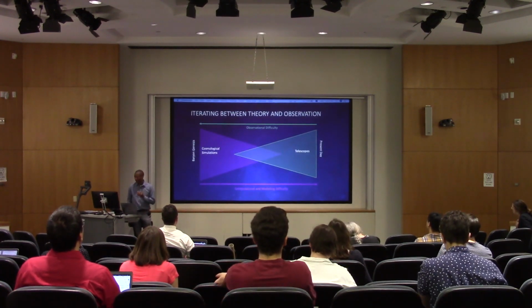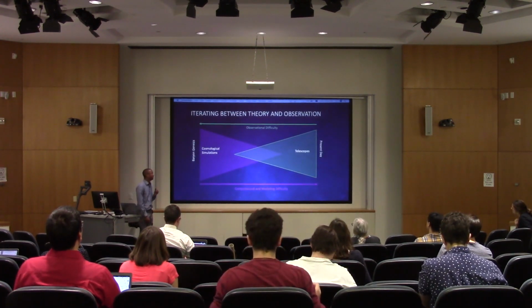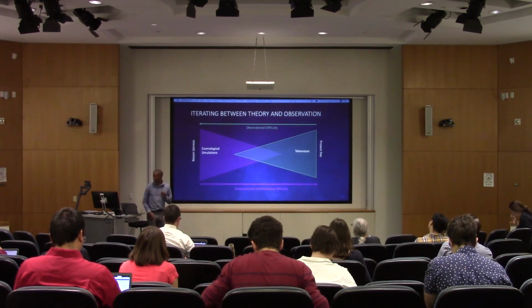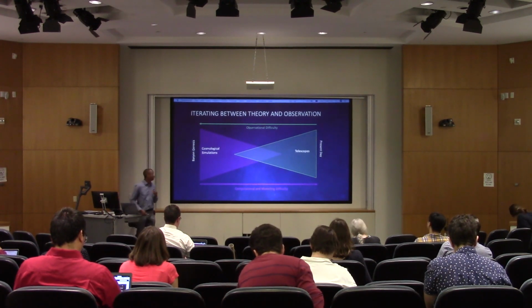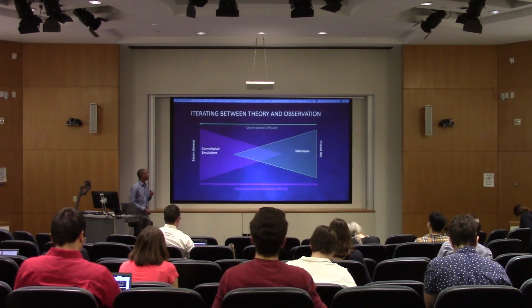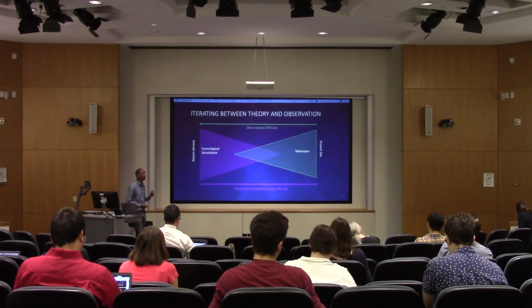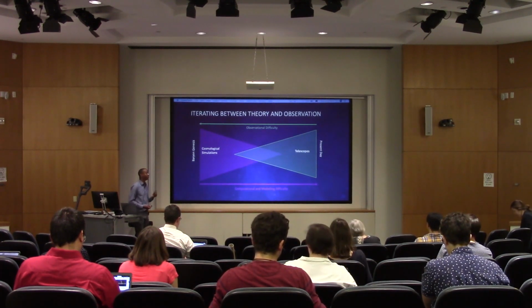But ultimately, I think there are two sides to astronomy and astrophysics. The first side is in the modeling, and the other side is in the observation. And I think ideally these two sides should be talking to each other and iterating as much as possible.